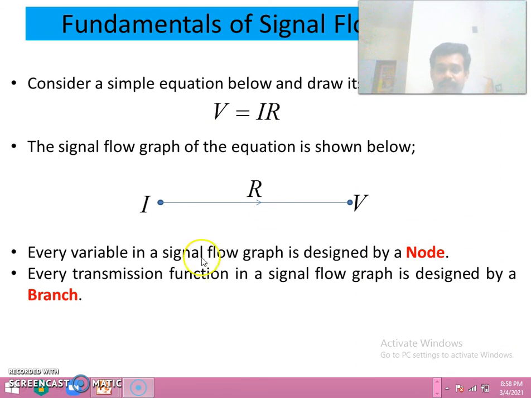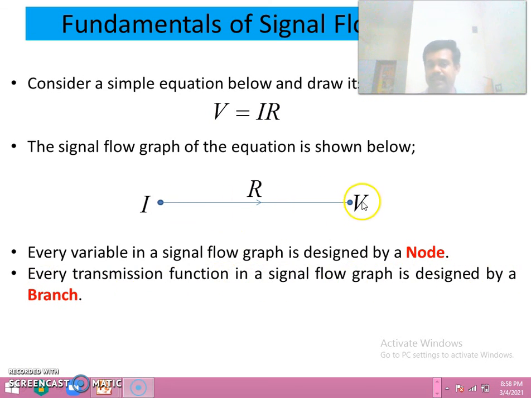So every variable in a signal flow graph is represented by a node. I is a variable, so it is represented by a node. V is a variable, and it is represented by a node. Every transmission function in a signal flow graph is represented by a branch.